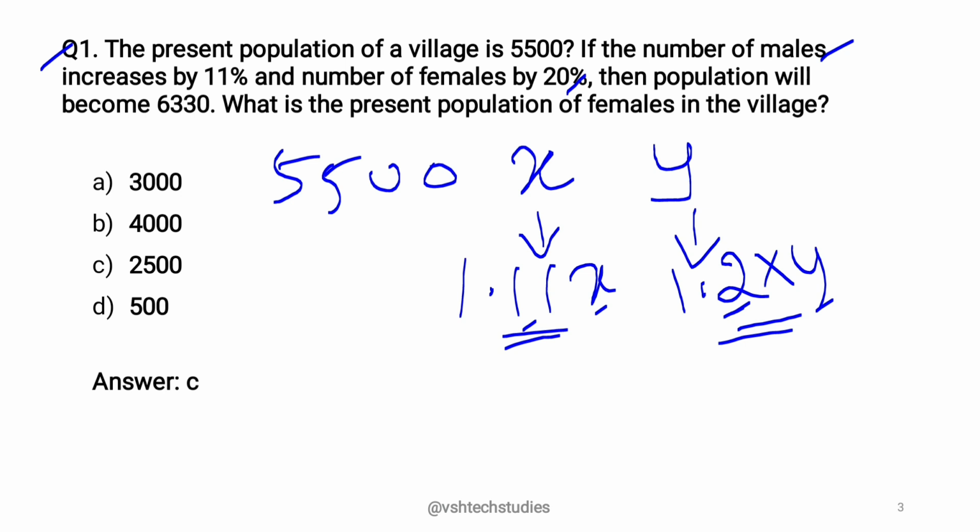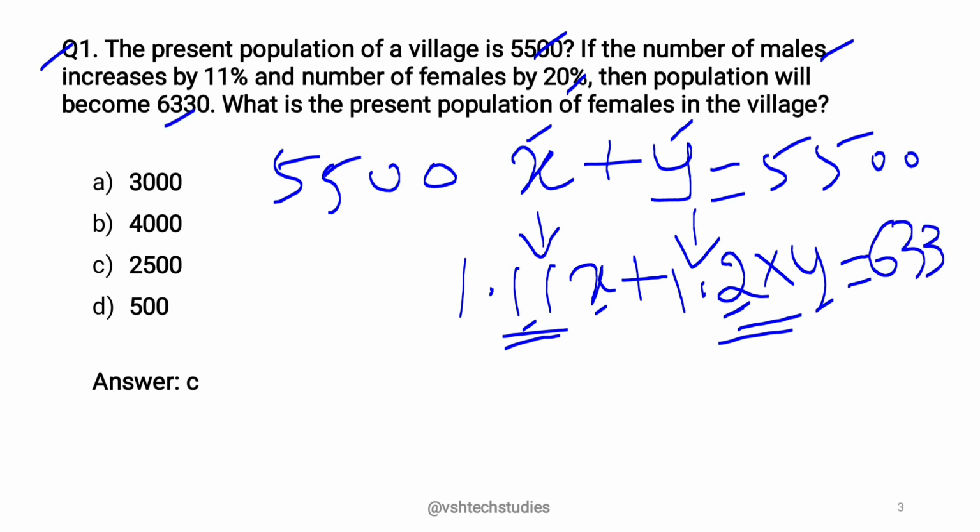But the present populations are x and y. So the males' population and females' population, their sum, is given as 5500, right? So that is the present population. After incrementing, the total population is 6330. Now these two are the equations.